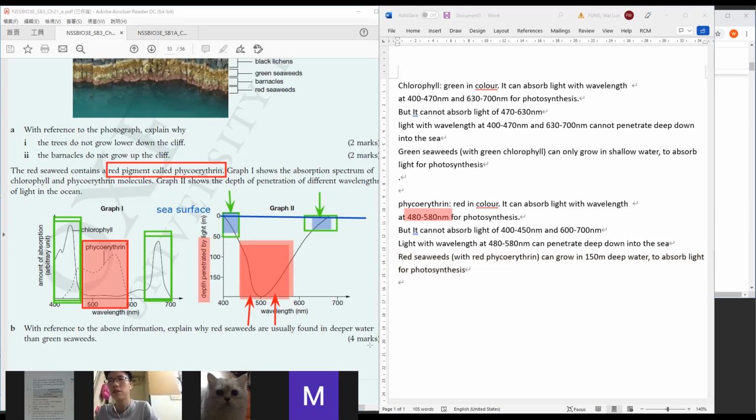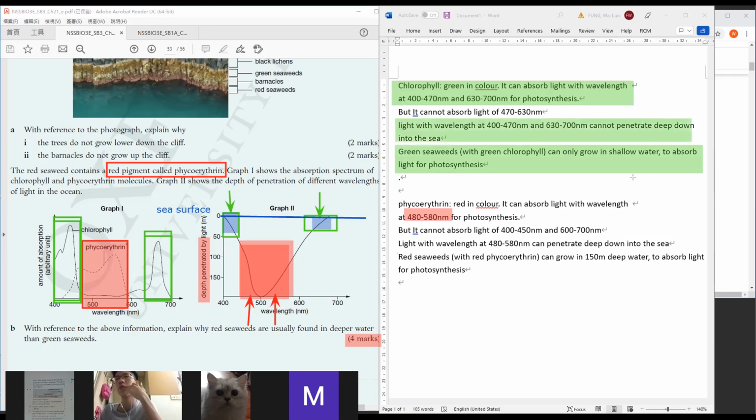Okay, so this question is 4 marks. Firstly, you have to explain what kind of light the green seaweeds can absorb, and the reason why they cannot grow in deep water. They only grow in shallow water. Why? Because the light cannot penetrate. On the other hand, you have to explain this red pigment, phycoerythrin, something red in color.